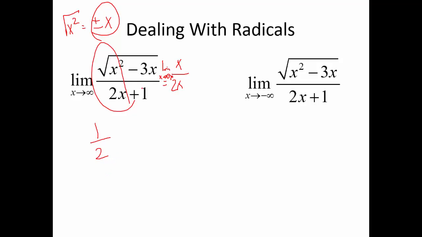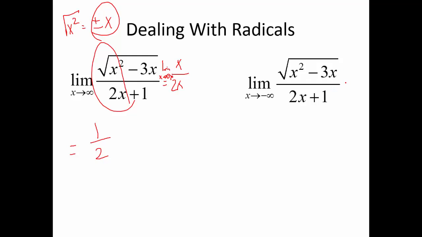And the way we would do that is we would put a positive number up top and a positive number down the bottom. So if I put a positive number up top, well, if I'm going to take the square root of it, it's got to be positive as the answer. A positive here would keep that positive, 2x plus 1. So a positive up top divided by a positive on the bottom would mean that 1/2 would have to be the infinite limit as x approaches positive infinity.